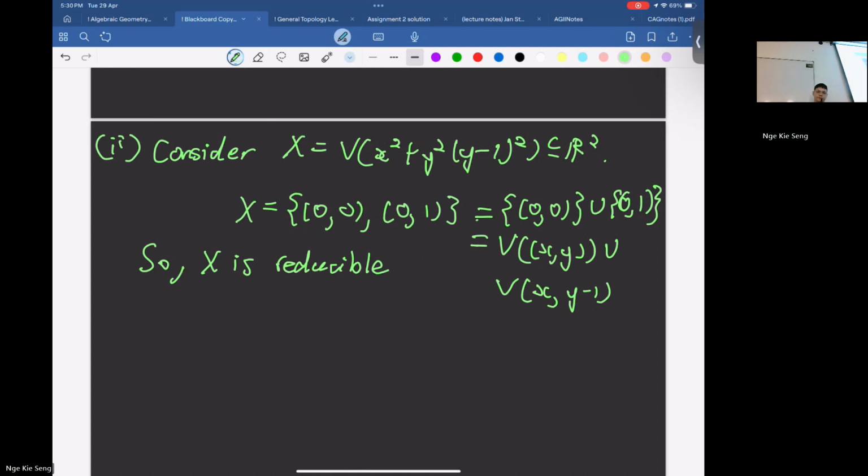So this is reducible, but this function here, f(x,y), is it reducible or not?